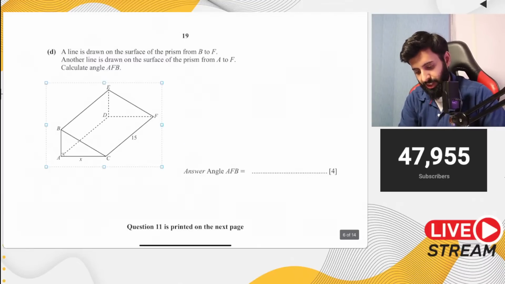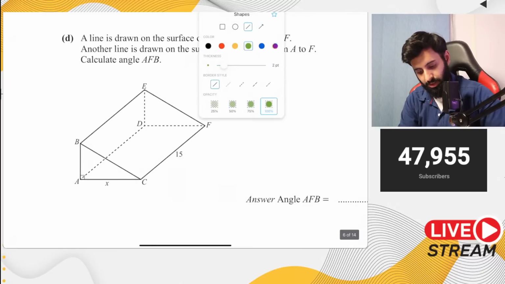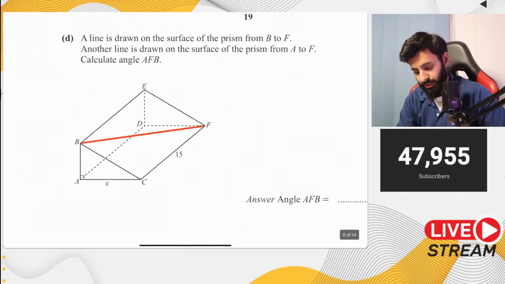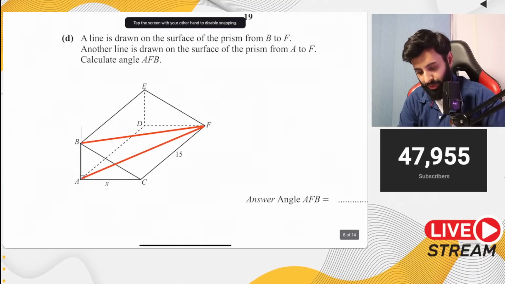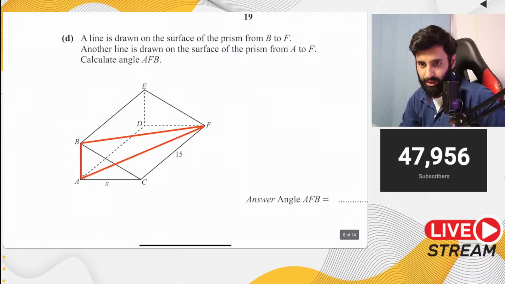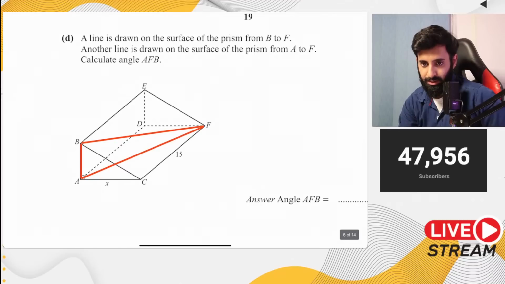Okay, so it says a line is drawn on the surface of the prism from B to F. All right, so B to F, there you go. And then another line is drawn on the surface of the prism from A to F. Okay, there you go. Calculate angle AFB. Now, what kind of a triangle are we looking at?